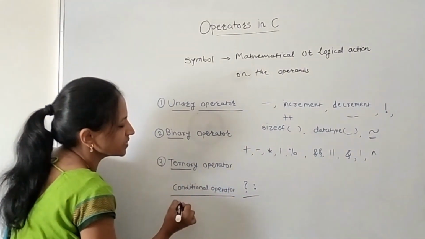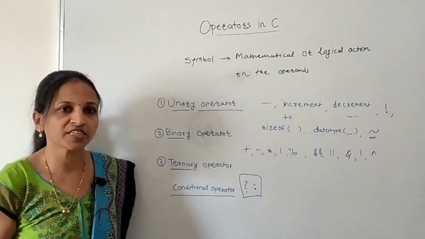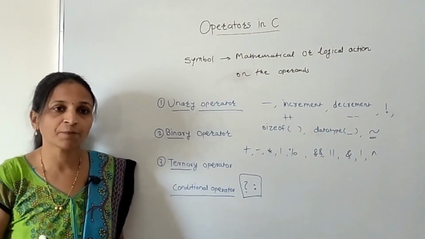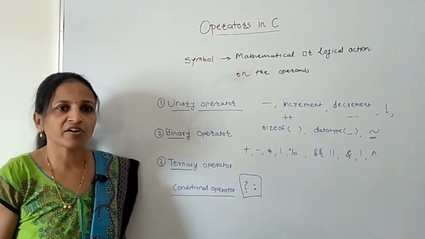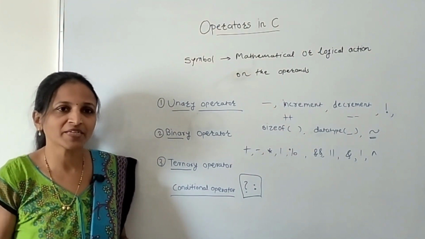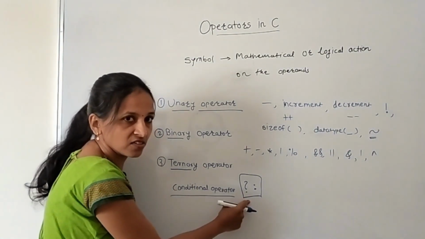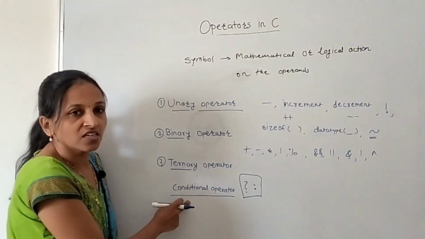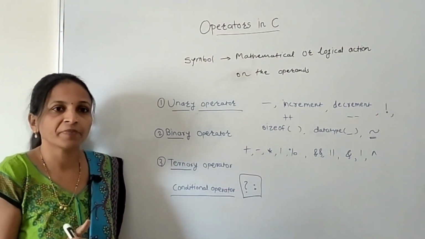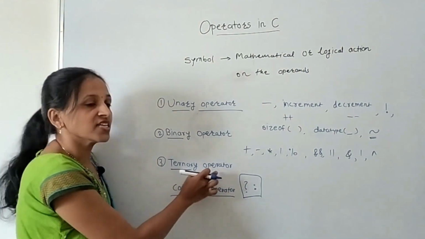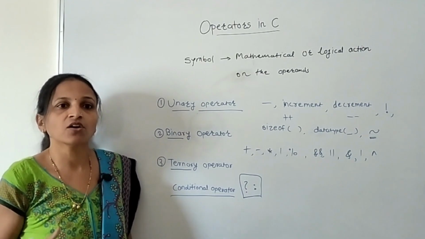Conditional means this operator is used to check for any condition, and depending on that condition, what should be done if it is true or if it is false, that we can write using this operator. That's why this is called a conditional operator. And this operator takes three operands. That's why this is called a ternary operator. Now we have to see one by one all operators.